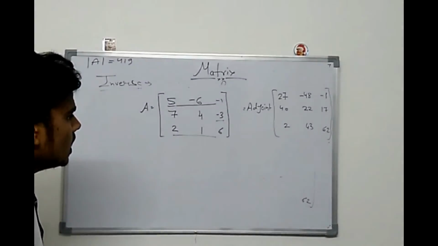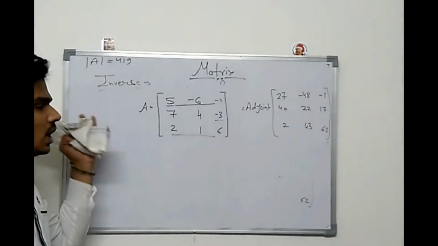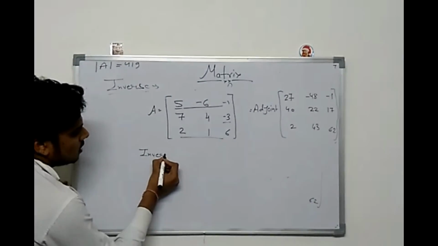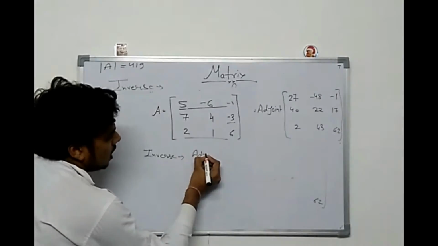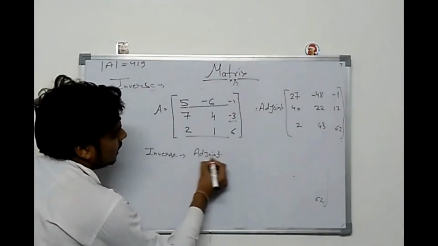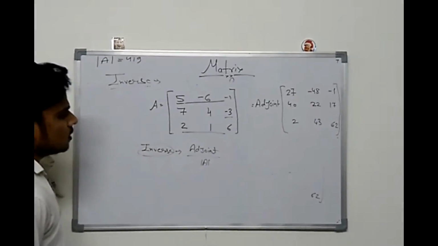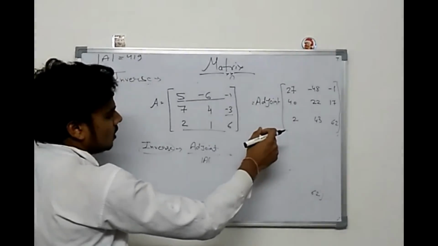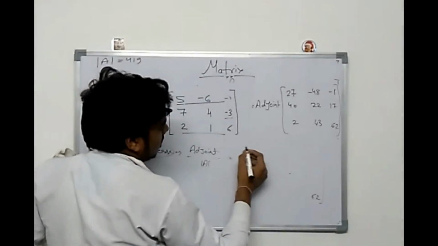What I am saying is that adjoint and determinant have a relation to the inverse. The inverse formula is adjoint upon determinant. Then you find the inverse. The adjoint will be the transpose value put here.